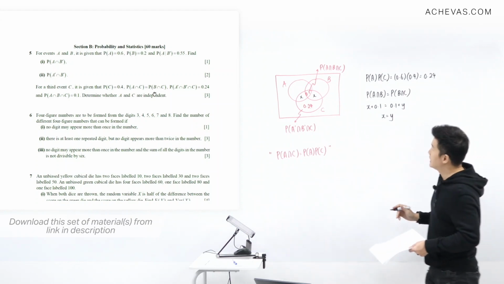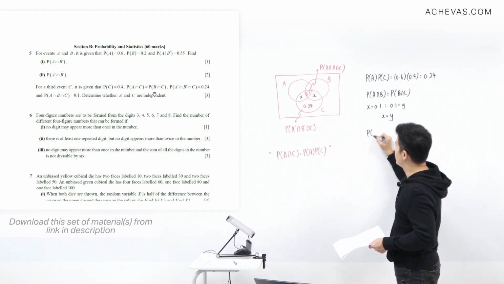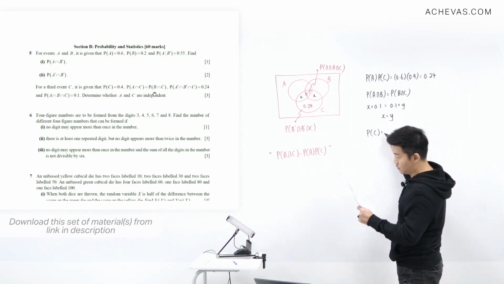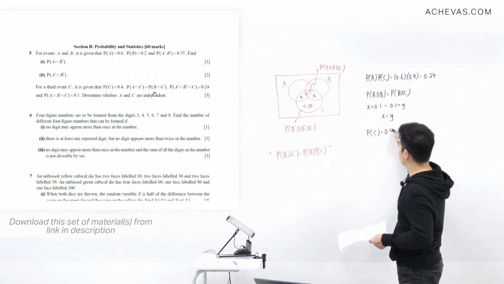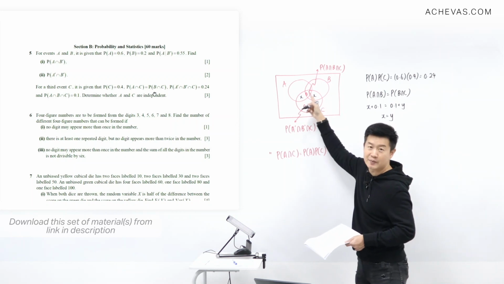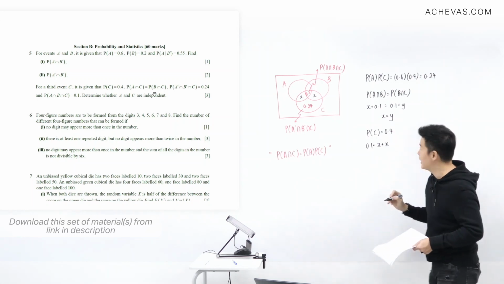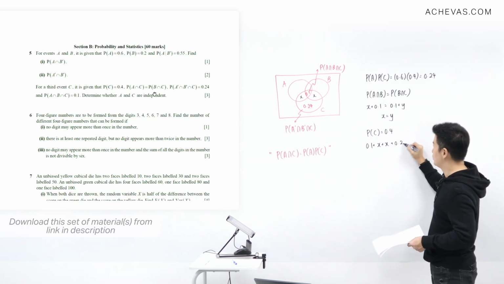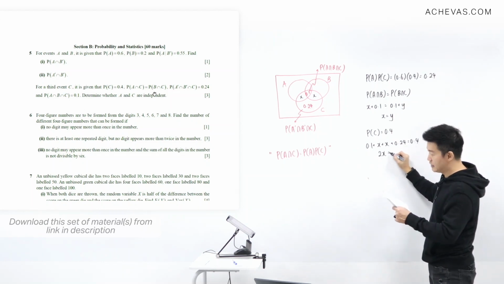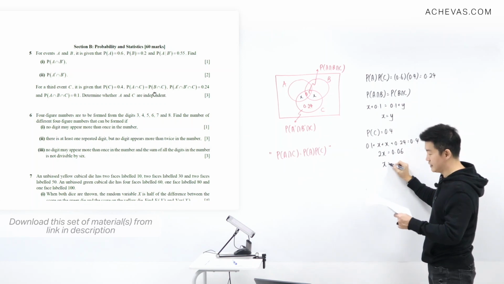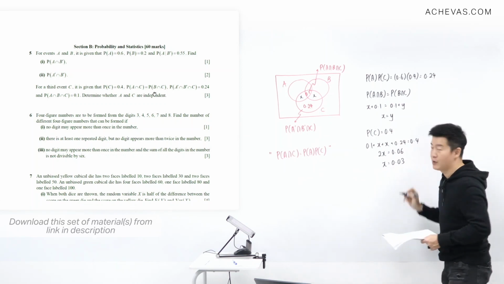Since I'm also given the probability of C, given to us by the question as 0.4, and the probability of C is all of this added together, which is 0.1 plus X plus Y, which we now know is also X, then plus 0.24, this is equal to 0.4. So 2X is equal to 0.06. So X is going to be equal to 0.03.